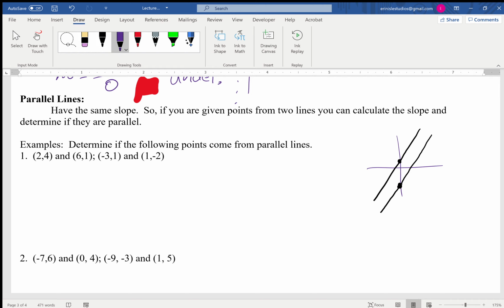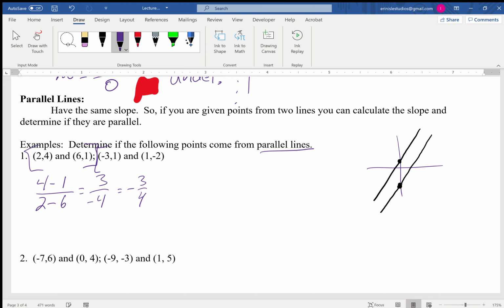Alright, to determine if they're parallel lines, we find the slope of the 2 points on each line. Okay, so I'm going to go 4 minus 1 over 2 minus 6. 4 minus 1 is 3. 2 minus 6 is a negative 4. So this slope is a negative 3/4.